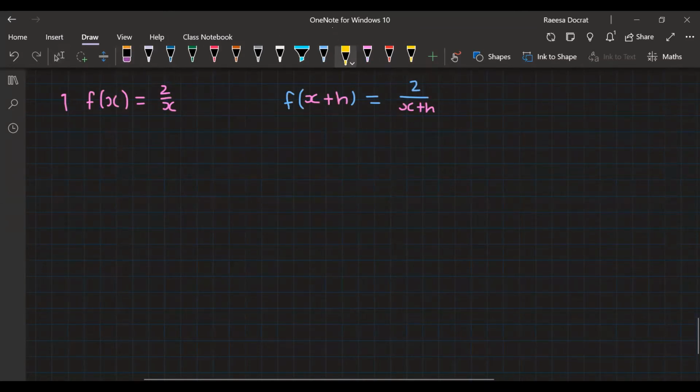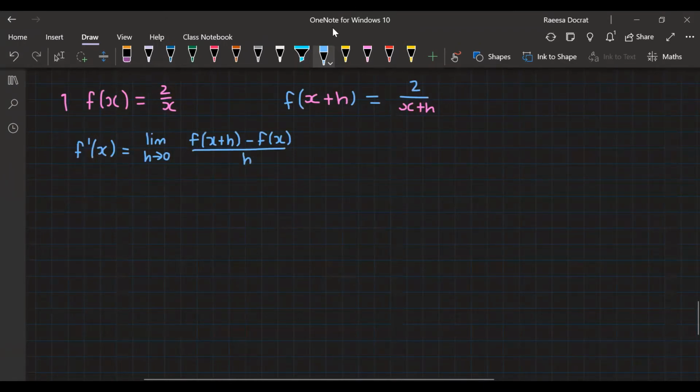Then the second step is to use the formula. So the derivative is the limit as h tends to 0 of f of x plus h minus f of x, all over h. Now we're going to substitute. This is the limit as h tends to 0. In the place of f of x plus h, I'm going to write 2 over x plus h, and in the place of f of x, I'm going to write what it was equal to, all over h.